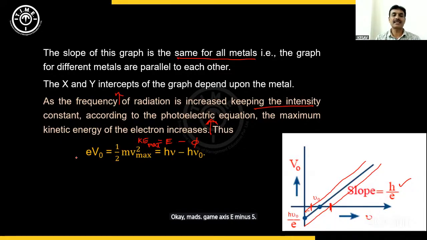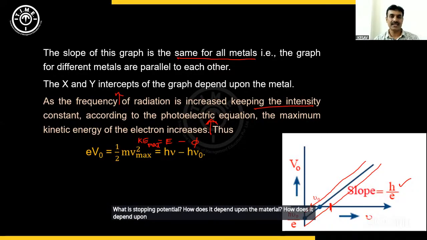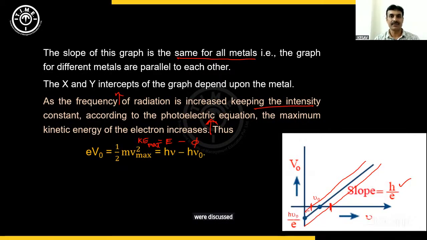And the Ke max is given by eV naught, where V naught is the stopping potential. What is stopping potential? How does it depend upon the material? How does it depend upon the frequency of the incident radiation? All that we have discussed in the previous session.